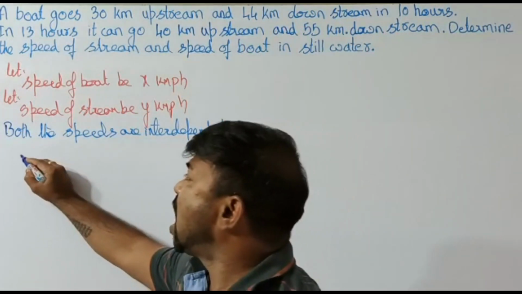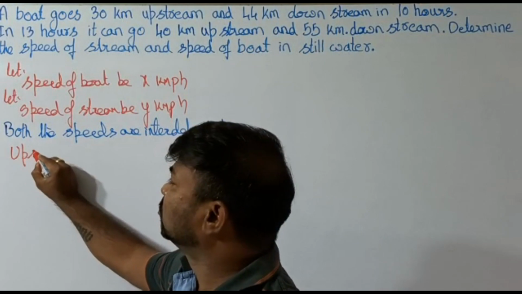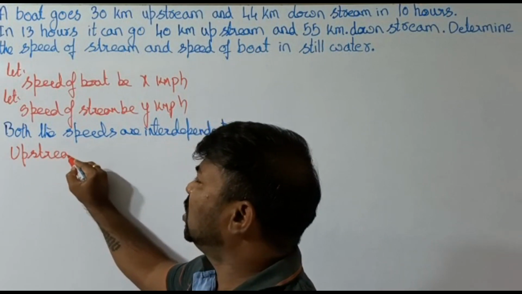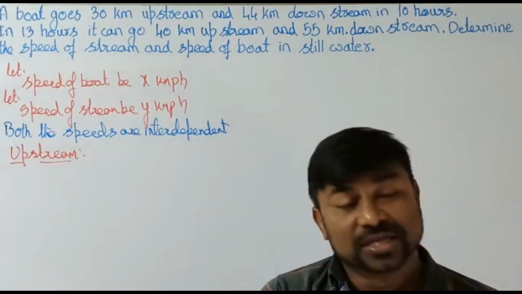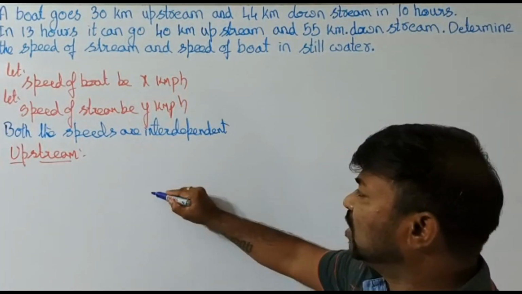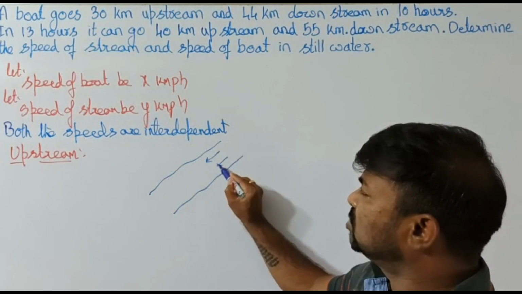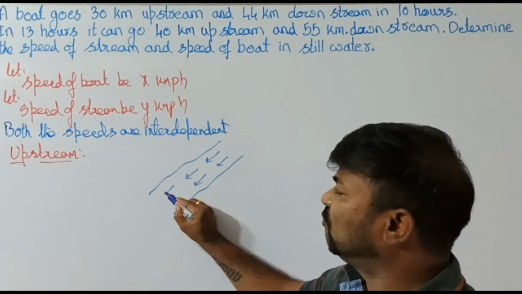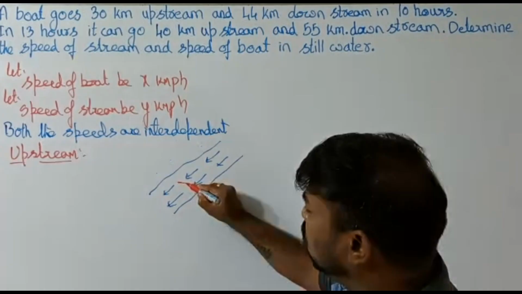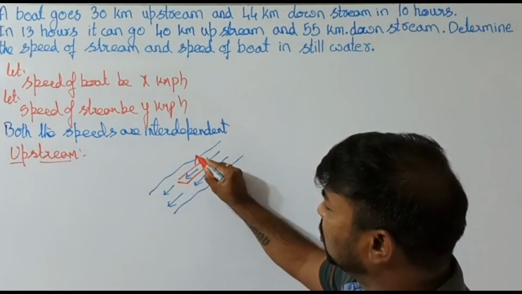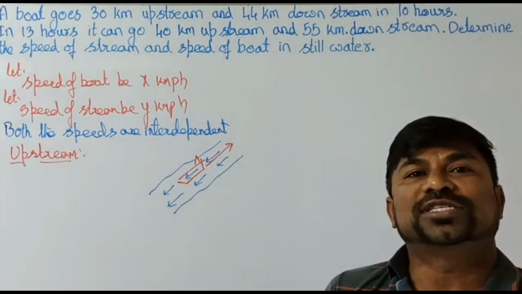Just now I said upstream. The first case is nothing but upstream. What is the meaning of upstream? This is the first point you have to remember. For the sake of your benefit, I am going to draw it for you. If the water is moving in this direction, flow of water is in this direction, and a boat is present there, and the speed of the boat is in the opposite direction.